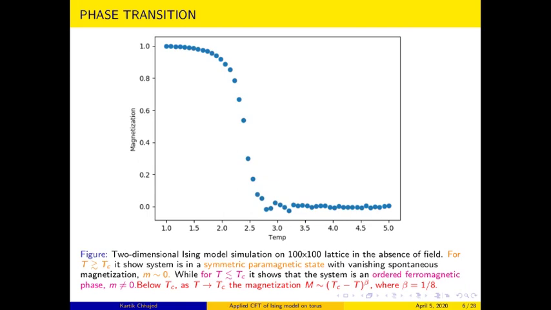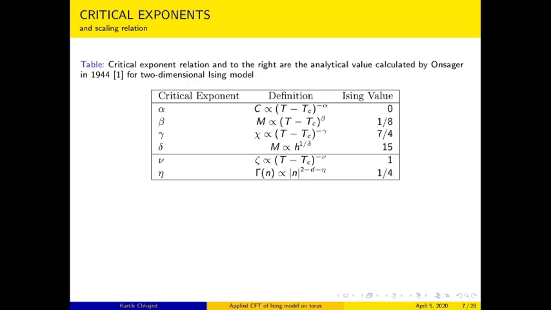Below the critical temperature, the magnetization goes like (Tc − T) raised to the power beta. This beta is one of the critical exponents, and there are 6 critical exponents: alpha, beta, gamma, delta, nu, eta.